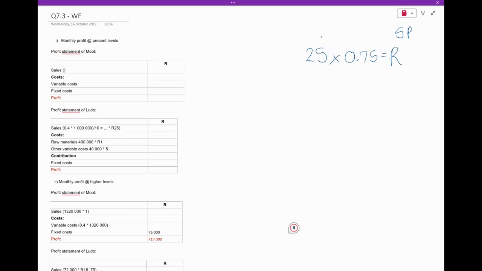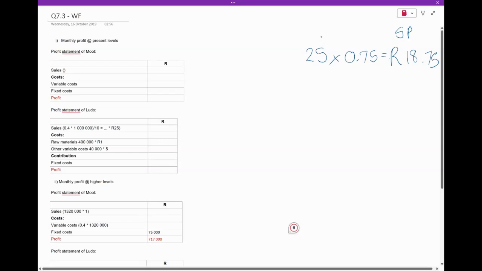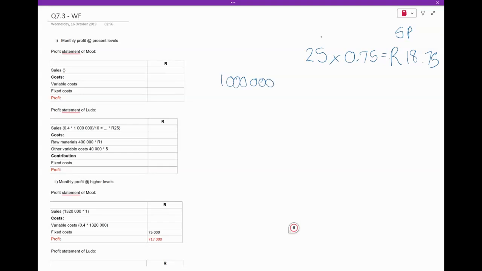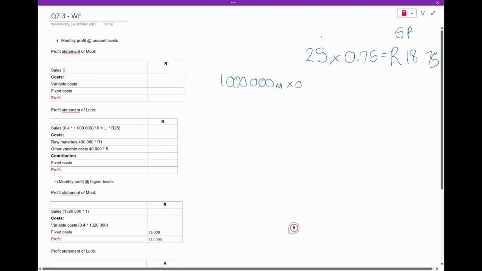This is the 0.75. Okay, and they also told us that our sales volume would increase by 80%. So our current sales volume is how much? Do we know? We know that 40% goes to Ludo of the 1 million meters. So we can say 1 million meters times 0.40, which yes gives us 400,000.